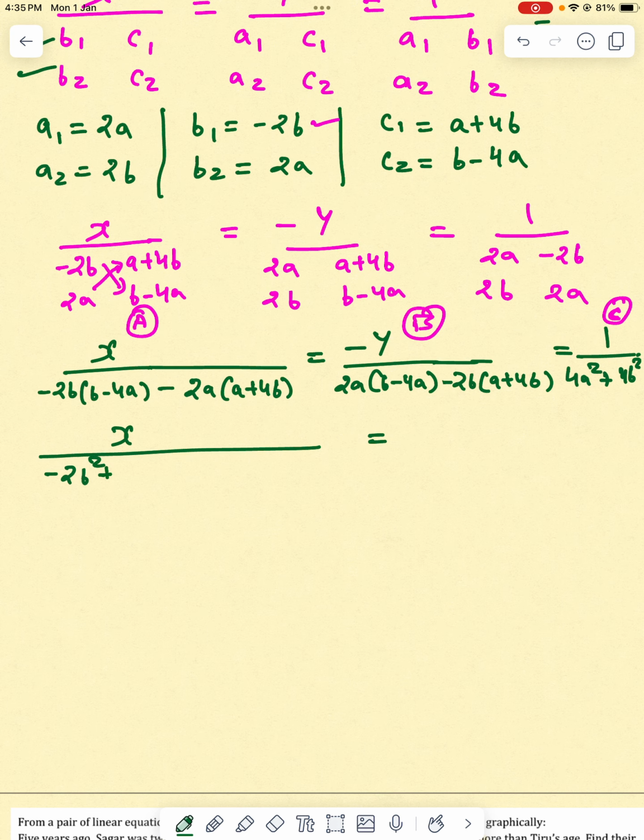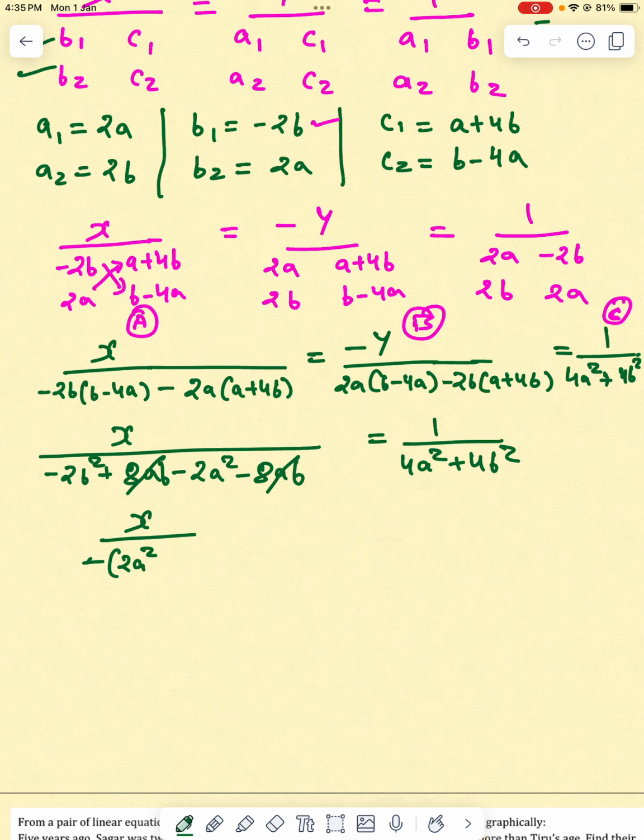2b square plus 8a, that is, I opened the bracket and multiplied it with minus 2b, minus 2a square minus, sorry, it's a plus 8ab, and here you will get minus of 8ab. So here write the c term, that is 4a square plus 4b square. Now since this is plus 8ab and minus 8ab, it will get cancelled. So in the denominator, take the minus common, 2a square plus 2b square.